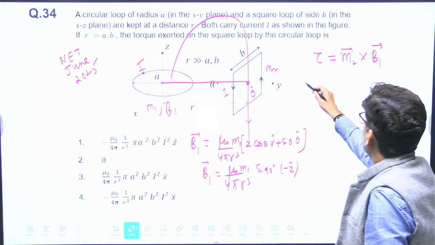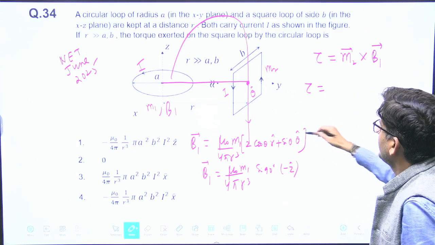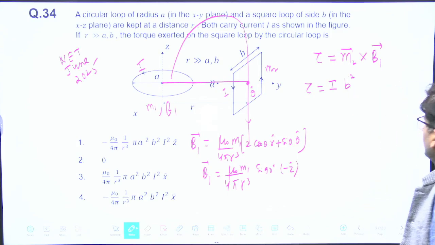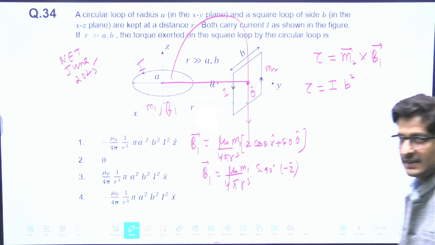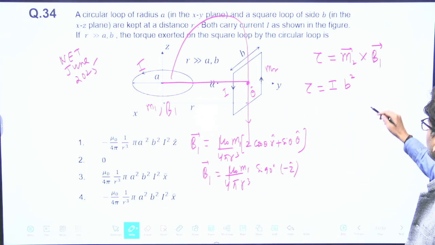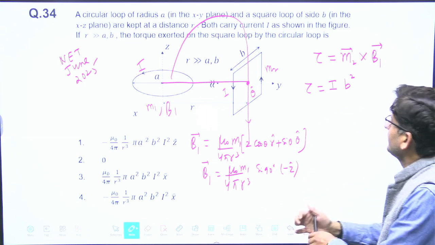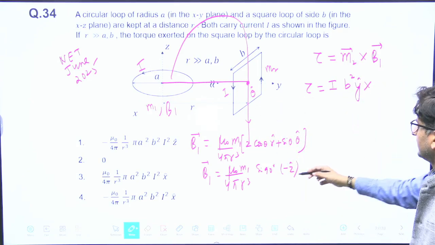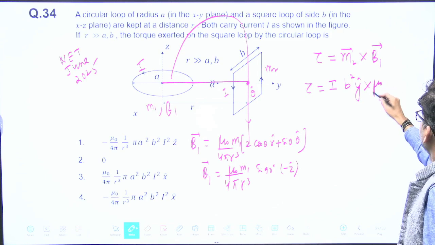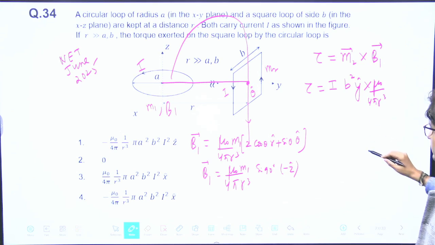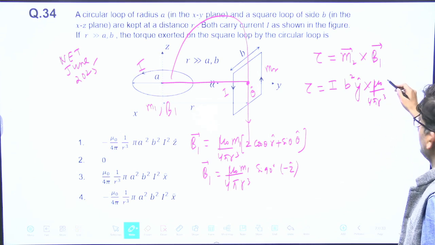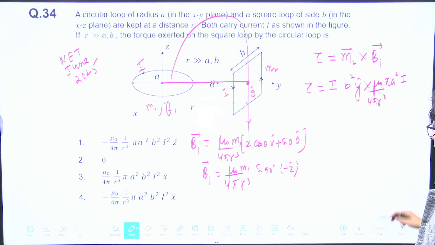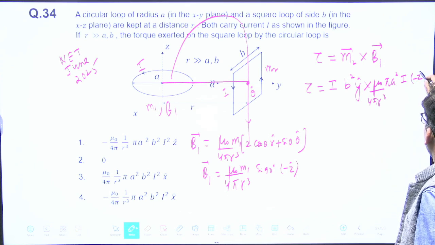So now the torque will be equal to M2, the magnetic moment of this, which is I into b square, so it is I b square. Magnetic moment is NIA, number of turns is only 1. And what is the direction of the magnetic moment in this case? It is y cap, cross mu naught by 4 pi r cube, and M1 is pi a square I in the minus z cap.